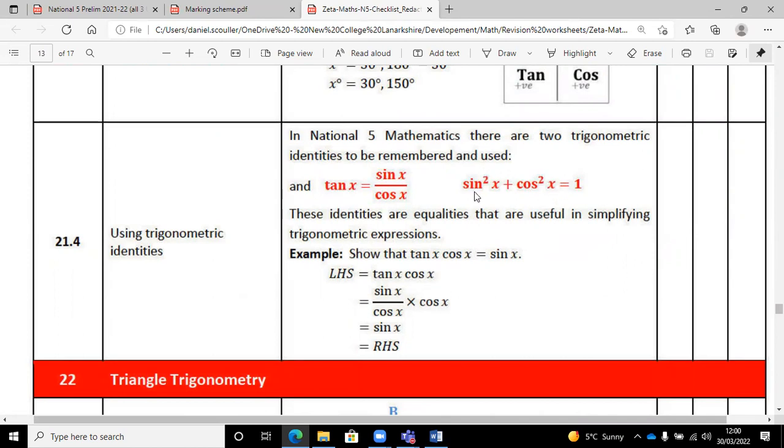Or when we see sin squared x plus cos squared x, we can substitute in the number 1. So we need to remember these two identities. And then we need to know that where we see part of it, we can substitute in the rest.